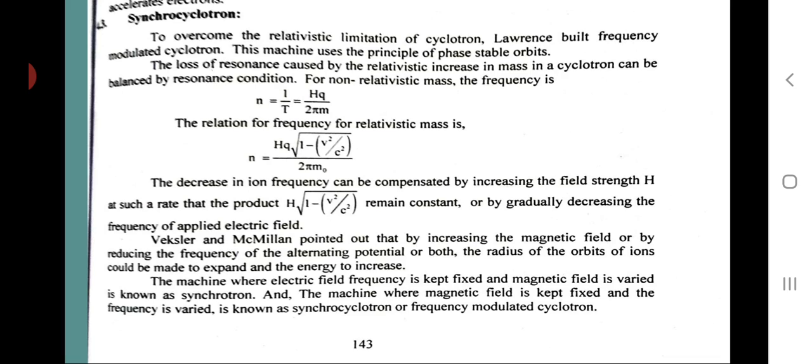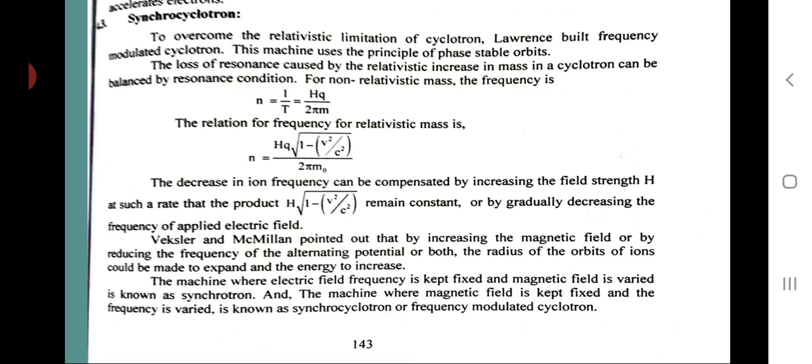Now, Wechsler and Macmillan pointed out that by increasing the magnetic field or by reducing the frequency of the alternating potential, or both, the radius of orbit of ions could be made to expand and the energy to increase.